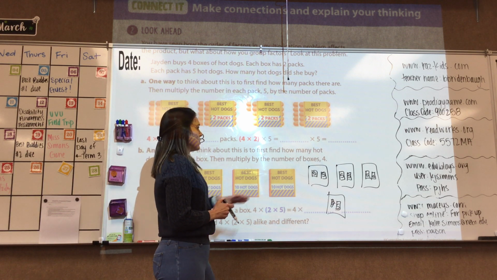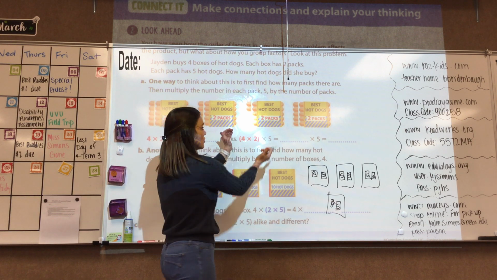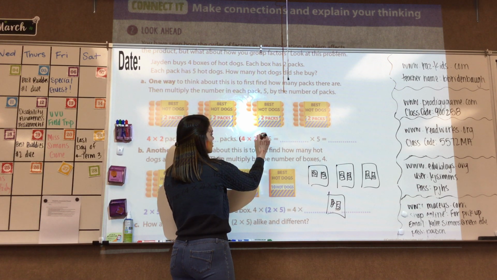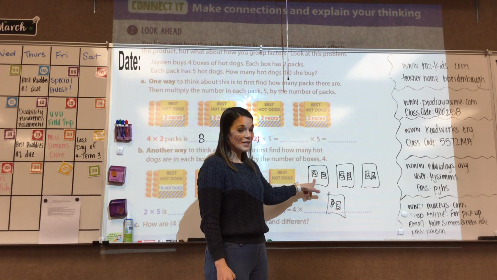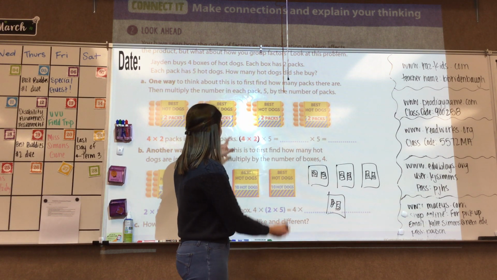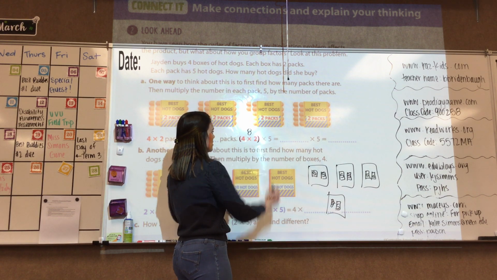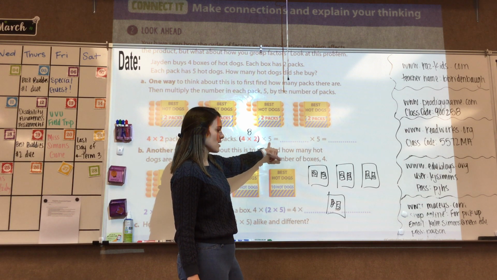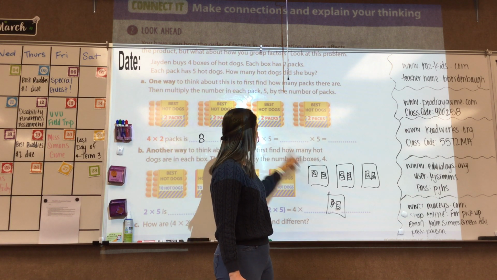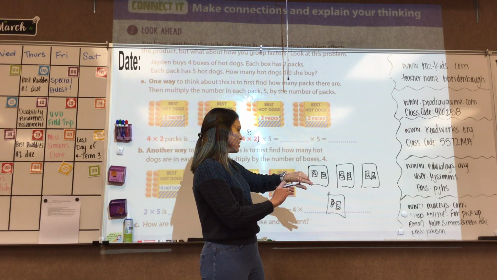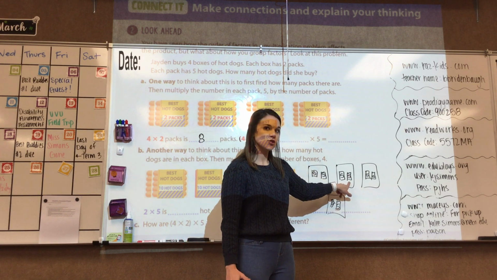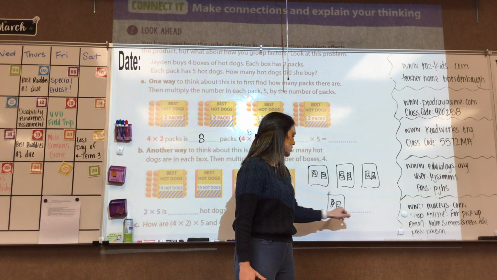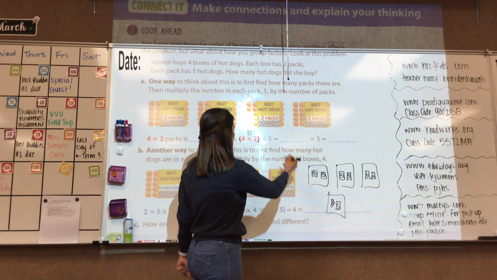Okay? So this shows 4 times 2, and these things right here are called parentheses. Okay? We know there are 5 hot dogs in each pack now. So we have our answer to this. 5 hot dogs in each pack. So we can go 8 times 5, which would be 5, 10, 15, 20, 25, 30, 35, 40.